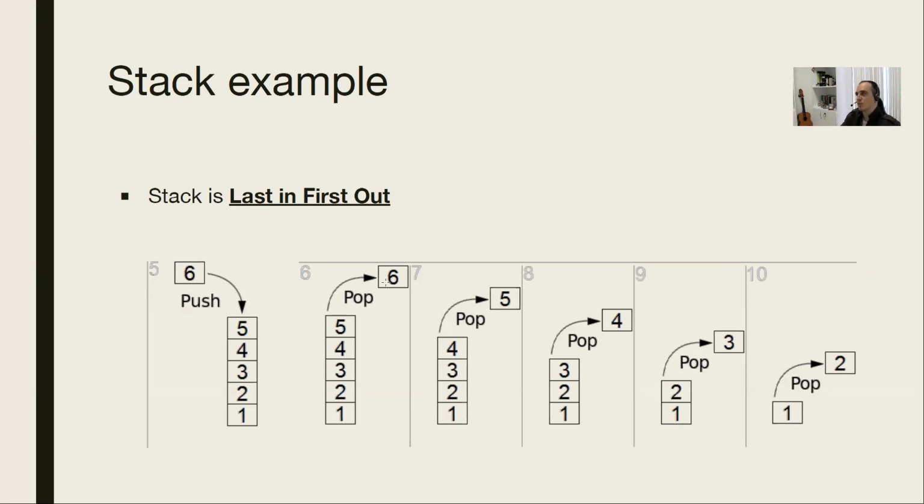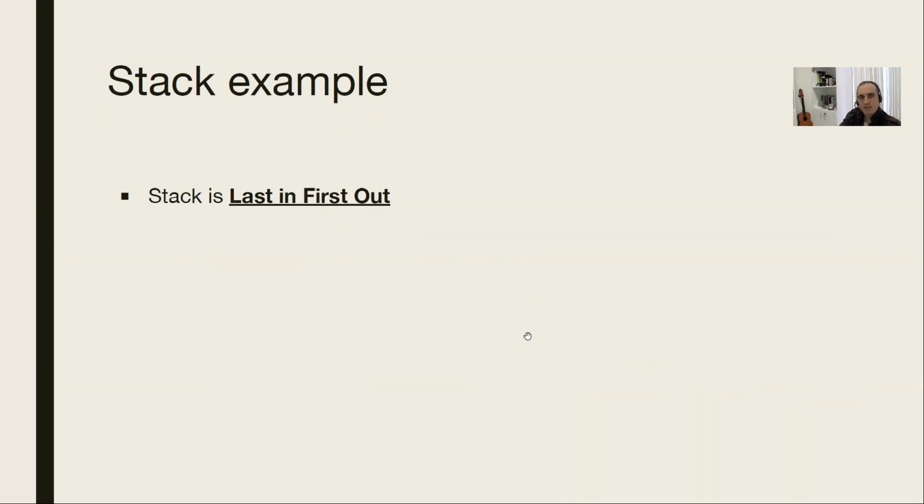The latest one, the last one that was inserted. The first one you can get out will be the last one you inserted. That's why it's called last in, first out. In abbreviation, LIFO. So stack is a LIFO data structure. You can only get this one out. Any questions about it?